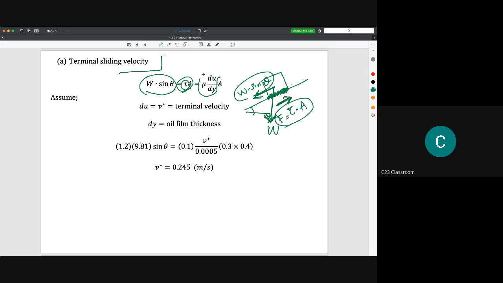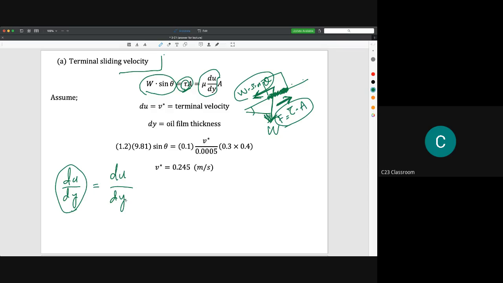So we have this one. We assume that the du and dy here look like differential terms, but in this situation we could assume that u here is the difference of velocity, and dy here is actually the difference of y-axis.